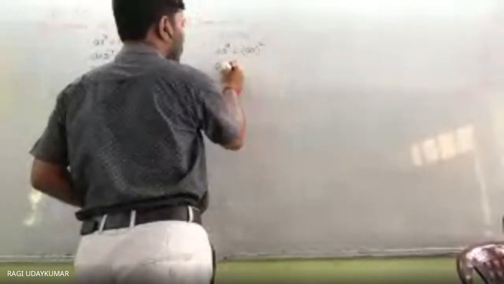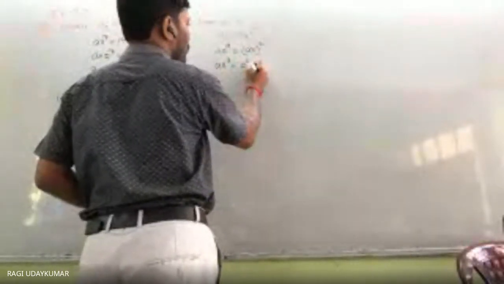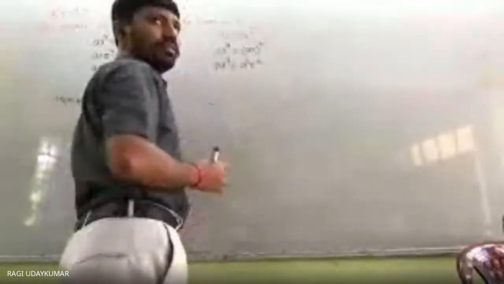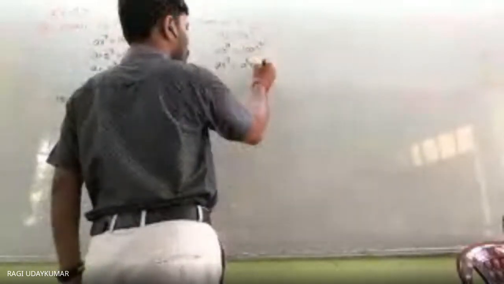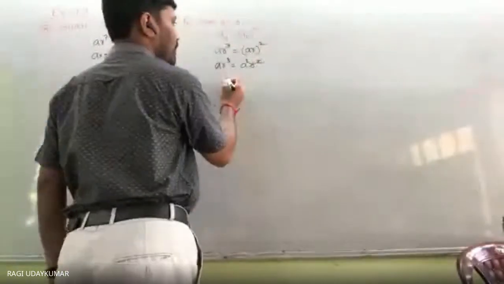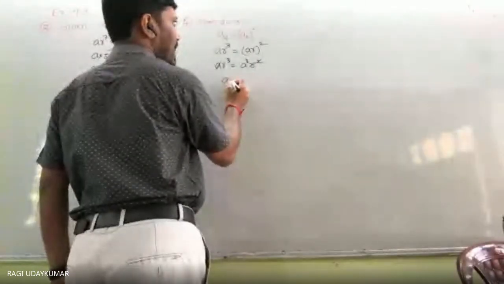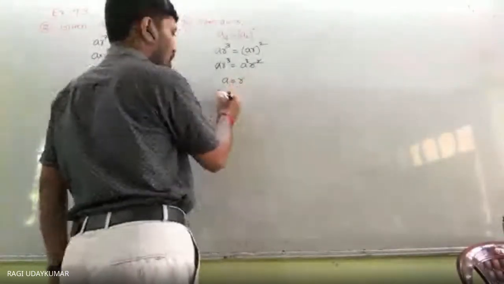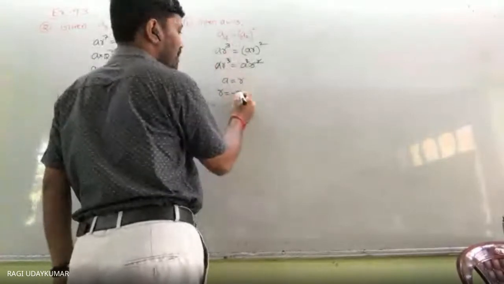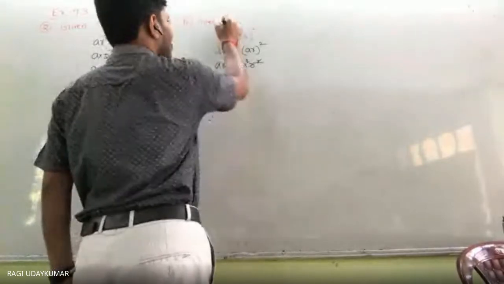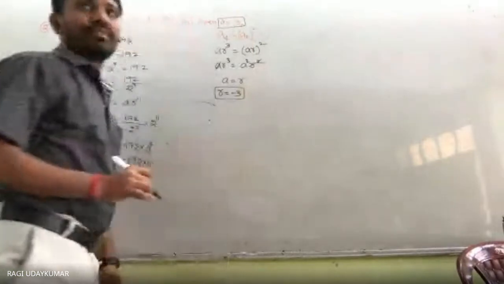So a r cube is equal to a squared r squared, as given. So the a and the square and cube get cancelled. We get a is equal to r. So r is equal to the a value, minus 3. So the r value is minus 3, and the a value is also minus 3.